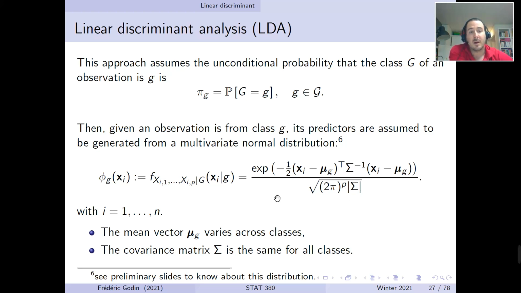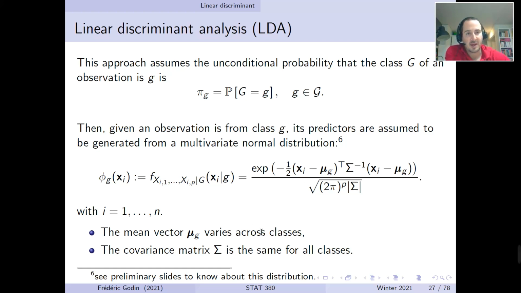So in the previous example discussed, if we have a blue observation, then the LDA approach assumes that observations from the blue class are generated from a multivariate normal distribution. One quick detail: mu g, the mean vector for class g, varies across the classes, whereas the assumption is that the covariance matrix sigma is the same for all classes.